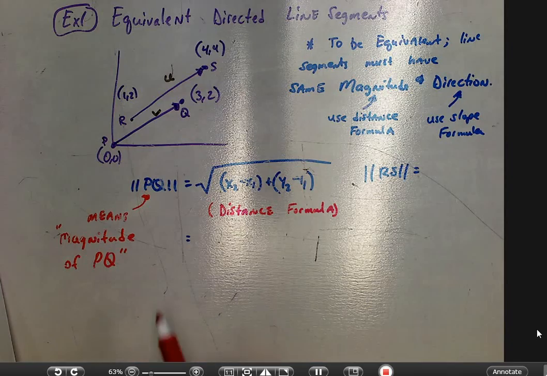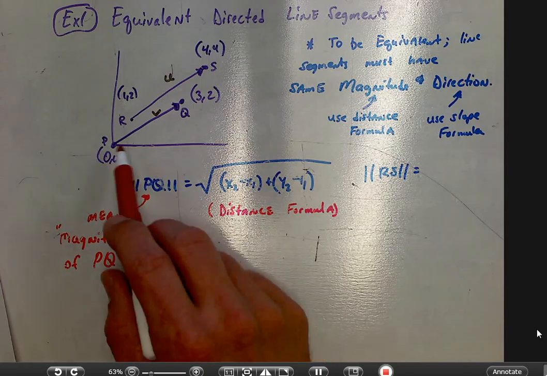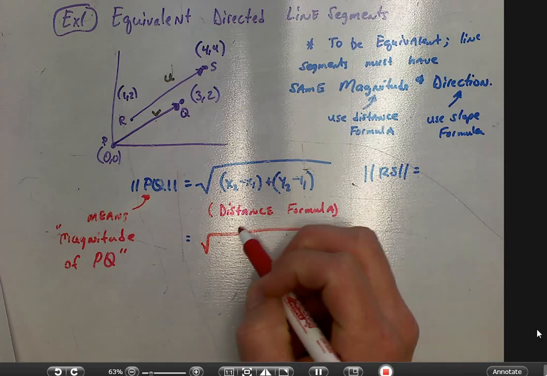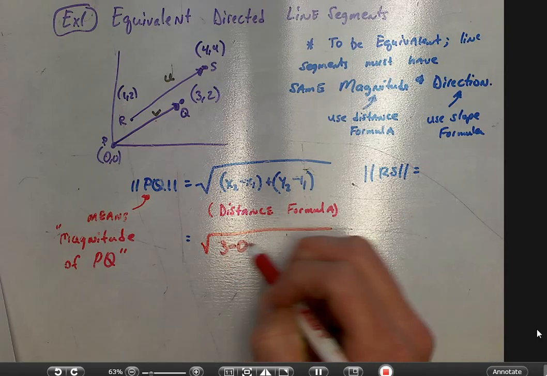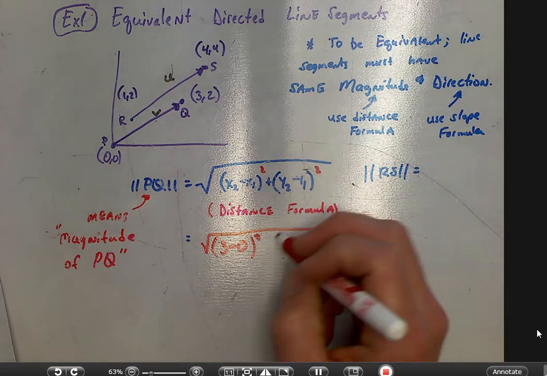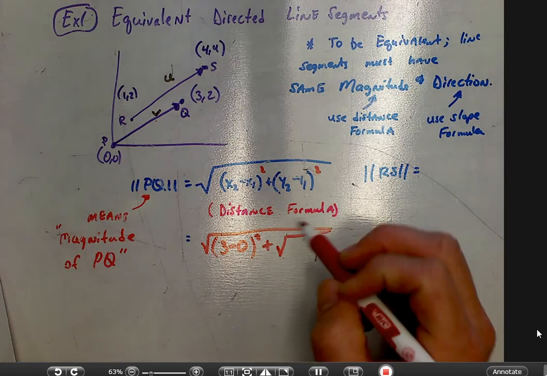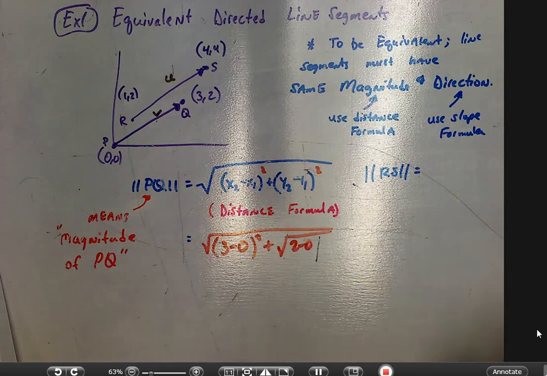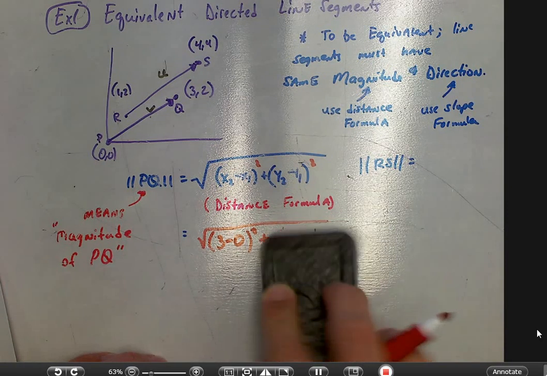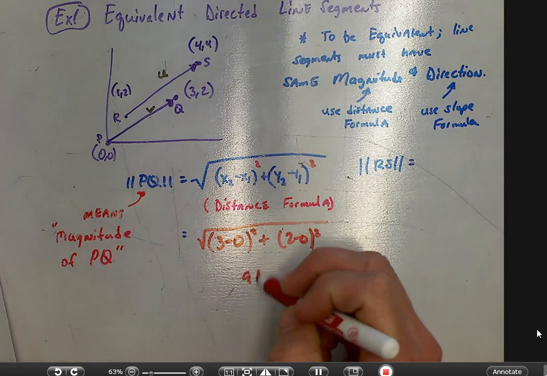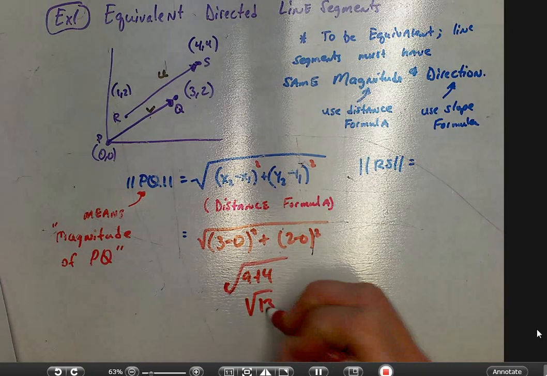To find the magnitude of PQ, which is vector V here, it's going to be the square root of (3 minus 0) squared plus (2 minus 0) squared. We already have a square root, and then 2 minus 0 squared, so that'll be 9 plus 4, so the magnitude is the square root of 13.